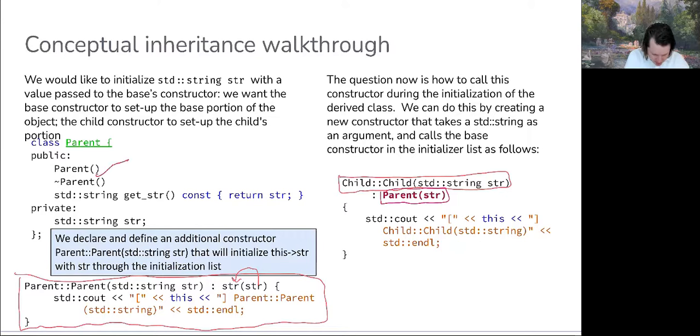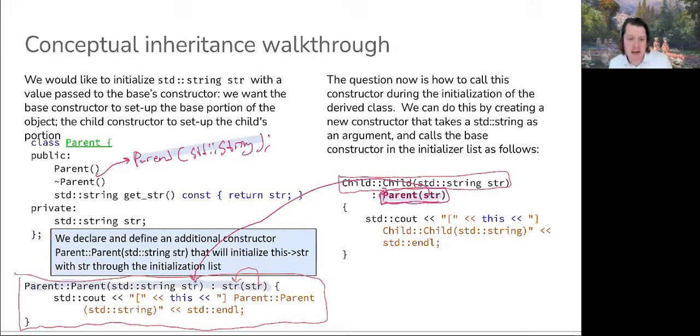And just to make that clear, this would be declared right there, parent std string. And we can see here that this matches that. So this definition will be used, and we can see that str will be used to initialize that parameter, which is then in turn assigned to the private data member of the parent component of that object.